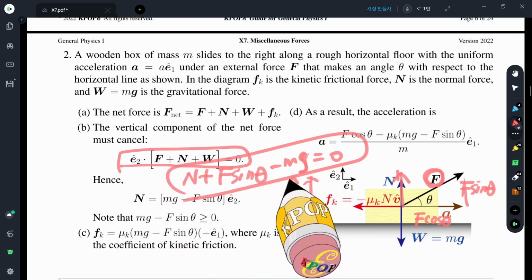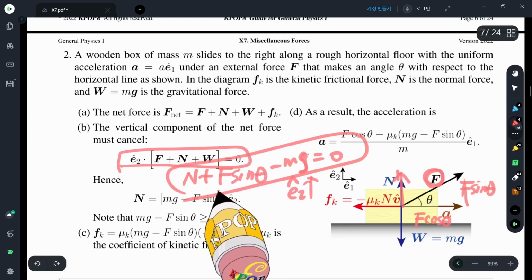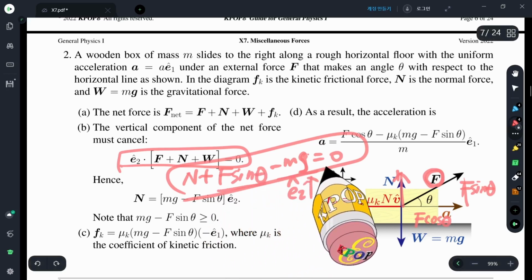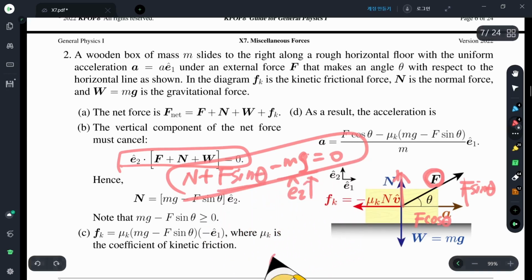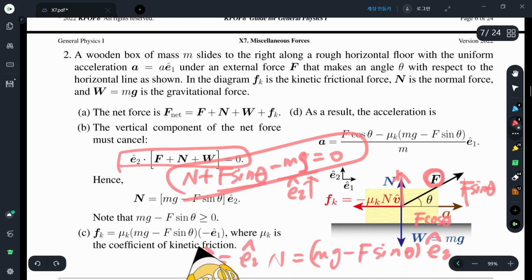If we move these two terms to the right side, the normal force is mg minus F sine theta, and the direction is parallel to e2, as a vector.